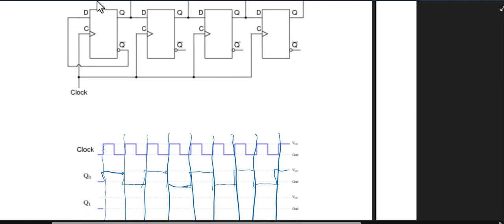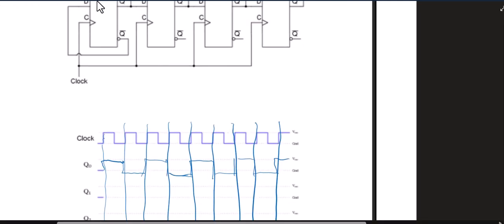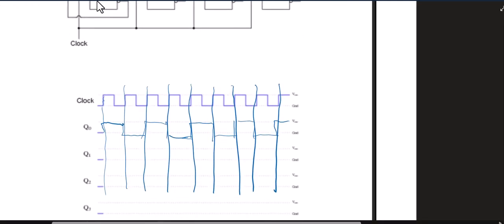Okay, so now let's look at Q1. The input for Q1 is Q0. So to determine what Q1 is going to be, it is going to look back and see what Q0 was the clock cycle before.